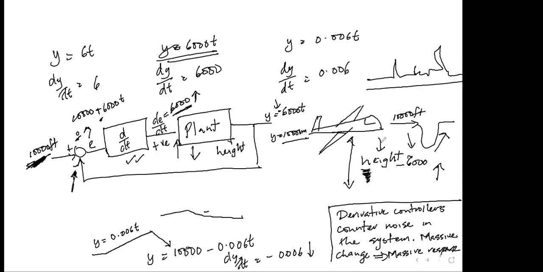So the derivative controller is there to counter that. So just to make the point now: one is error reduction and one is noise reduction.